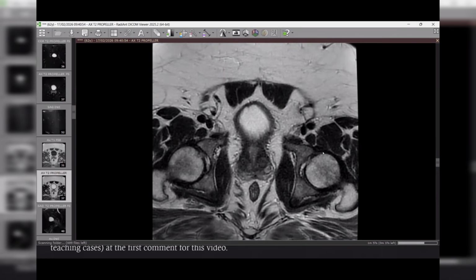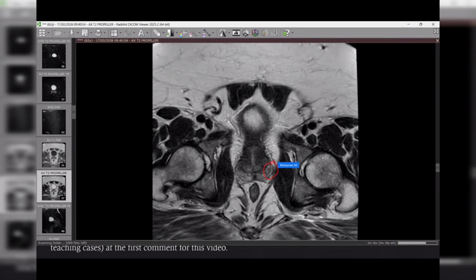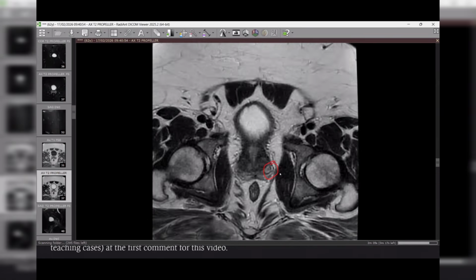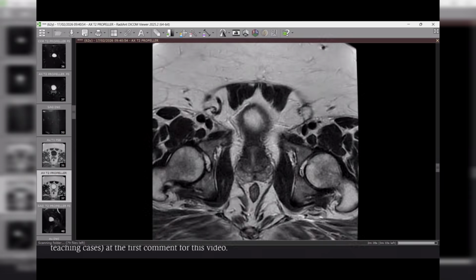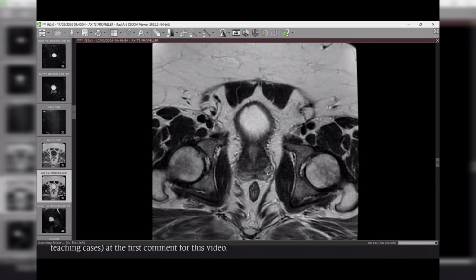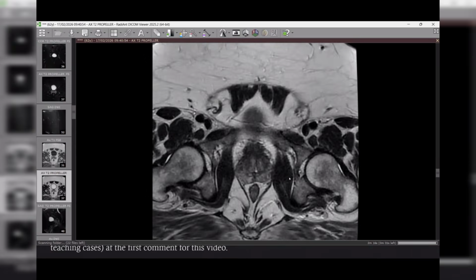Here, I cannot see it well defined, well circumscribed. I think it's present in the transition zone, at the junction. It's benign looking and well circumscribed. Maybe part of benign prostatic hyperplasia.